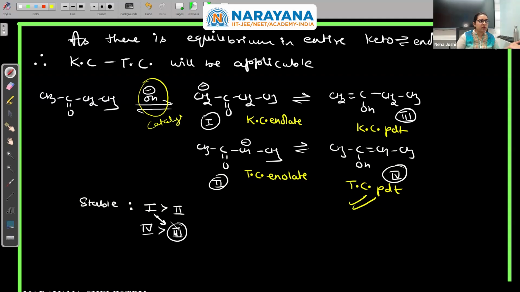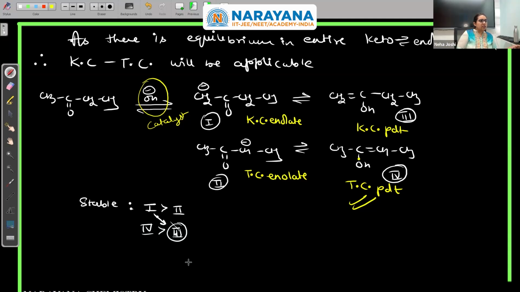In very old Jerry March, it used to be there that in acidic medium you will have the TC product and in basic you will have KC, which is inappropriate. They themselves have removed it in their latest editions. So in both mediums, the TC product will be major, provided temperature and heat are sufficient. Only under very low temperature conditions can you have the KC enolate, otherwise not.